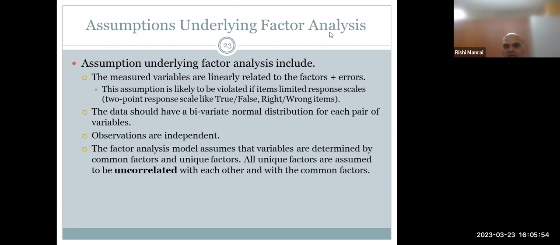The data should have a bivariate normal distribution for each pair of variables. Again, the data should be normally distributed. Tomorrow, when we do the hands-on, I will show you how the data is to be checked before it is entered into the factor analysis sheet.